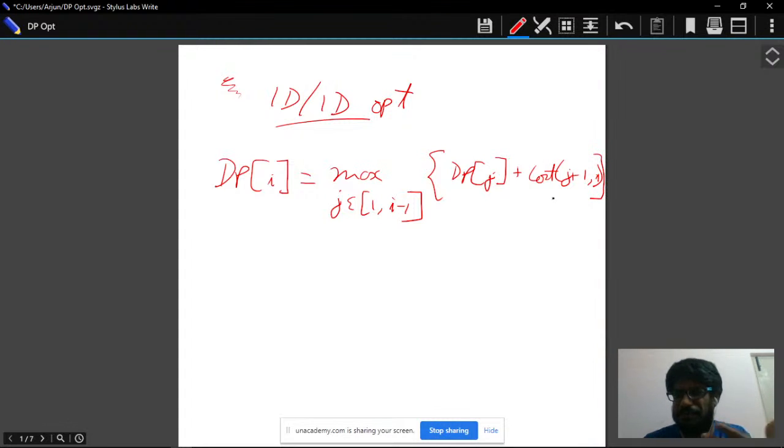This is one of the most common. So dp of i depends on something before it, like partitioning an array into subarrays, or even things like LIS, lots of things. And what we want is for the cost function to satisfy something called the quadrangle inequality.